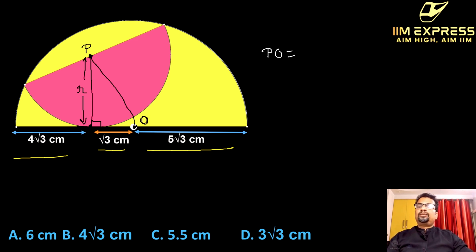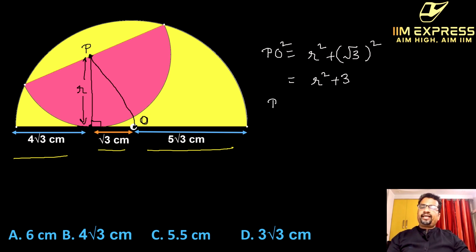Using the Pythagoras theorem, I can easily say PO square equals R square plus root 3 whole square. So PO square should be equivalent to R square plus 3, or I can say PO is the square root of R square plus 3. This we have got.